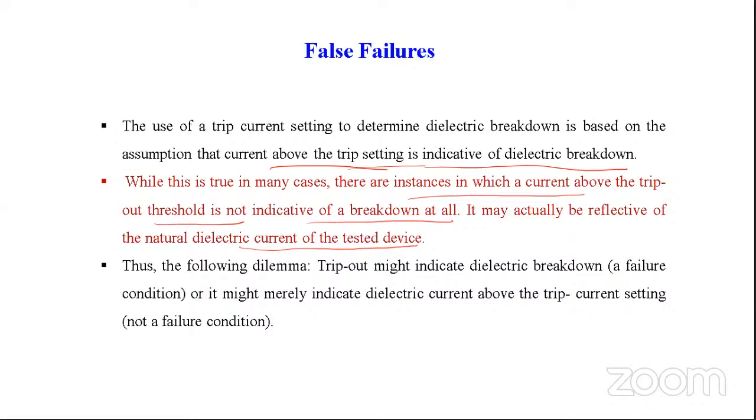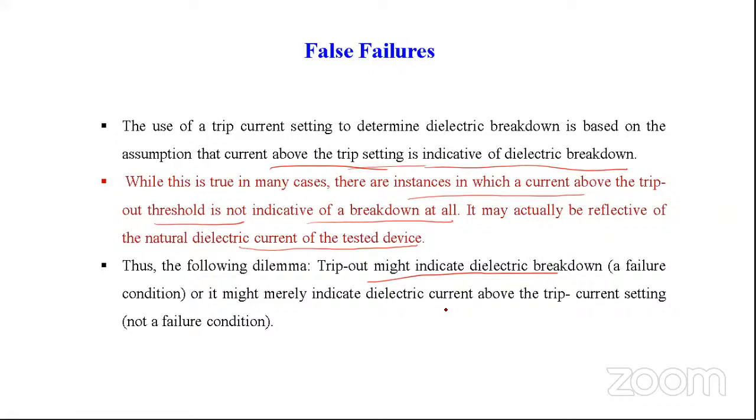Now, there is a dilemma as to whether breakdown has occurred or not. Trip out might indicate the dielectric breakdown. In most cases, we set the trip current in such a way that if there is an abrupt change in current value, the trip circuit setting must indicate that breakdown.